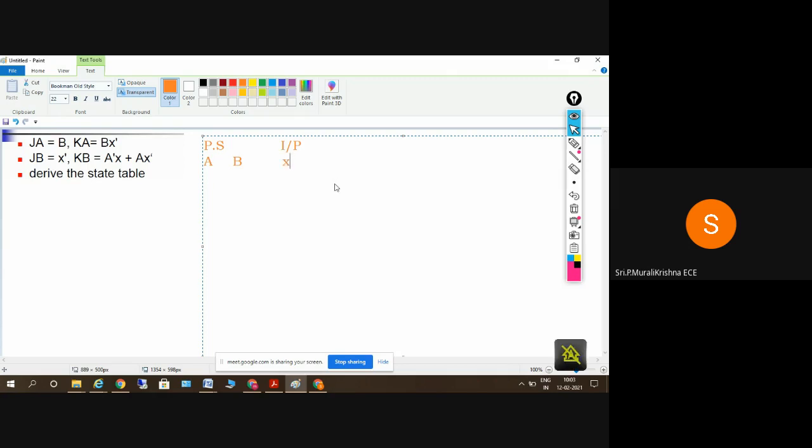We have only one input here, that is X. So the present state is 0, 0, and there are eight combinations with the input: 000, 001, 010, 011, 100, 101, 110, 111.